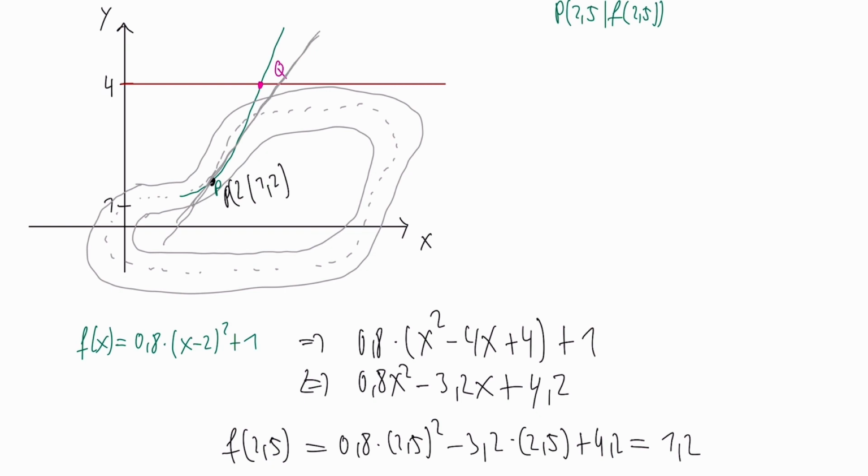tangent, because he falls off in a straight line, we have to derive the function at the point, and this gives us the point where he hits the barrier.